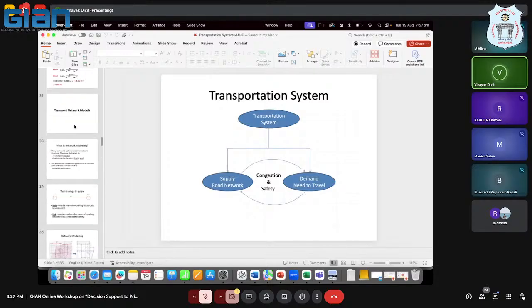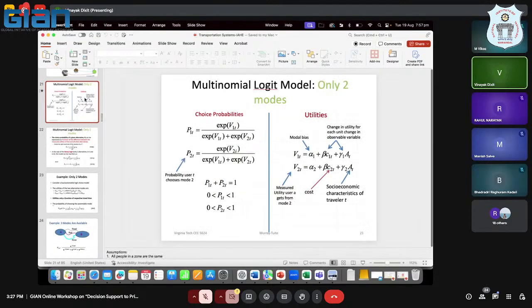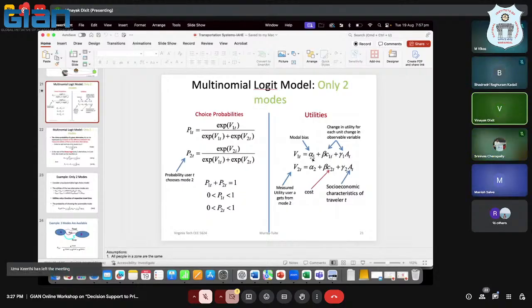Remember when I showed you this? Yes, I have to put this utility function in, and it is a linear one.